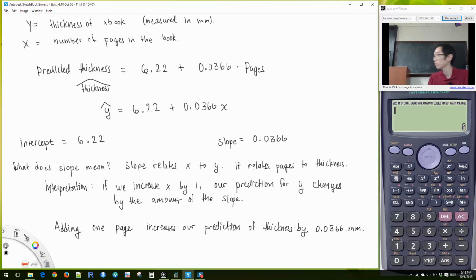Is this interpretation of the slope okay with everybody? Okay, because it's very important that we understand what these regression lines mean. All right, can I go to the next slide? Yes.